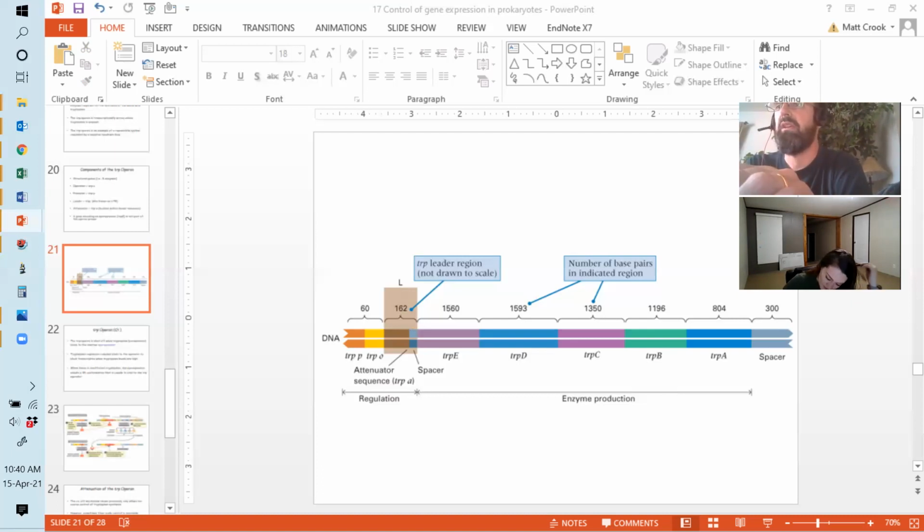So the leader sequence then gets translated if trp levels are high enough, and that's because there's enough tRNA trp around for the two trp codons in the leader sequence.